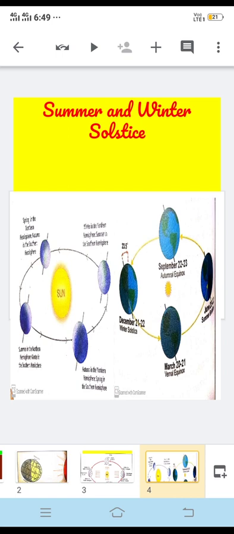So this position of the earth is called the summer solstice. What is summer solstice? When the northern hemisphere is receiving more sun rays, that area experiences summer season, whereas in the southern hemisphere it is winter season.